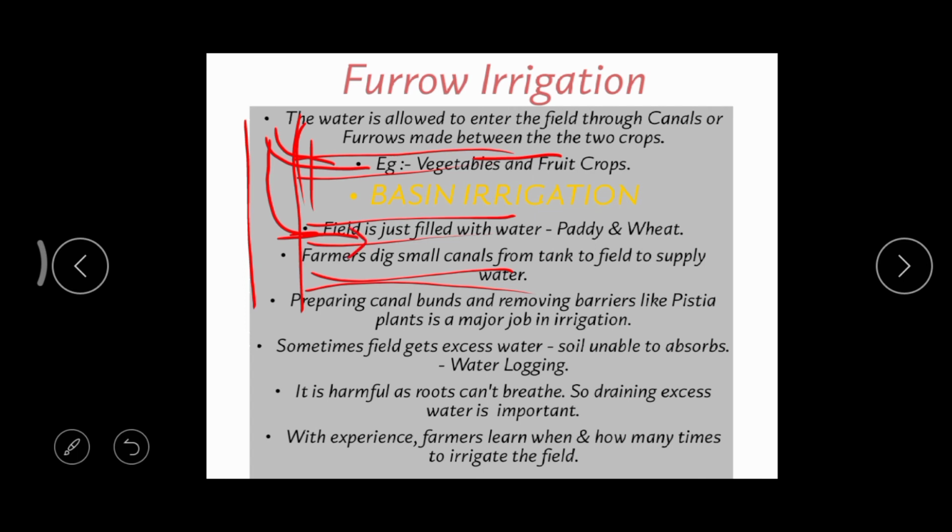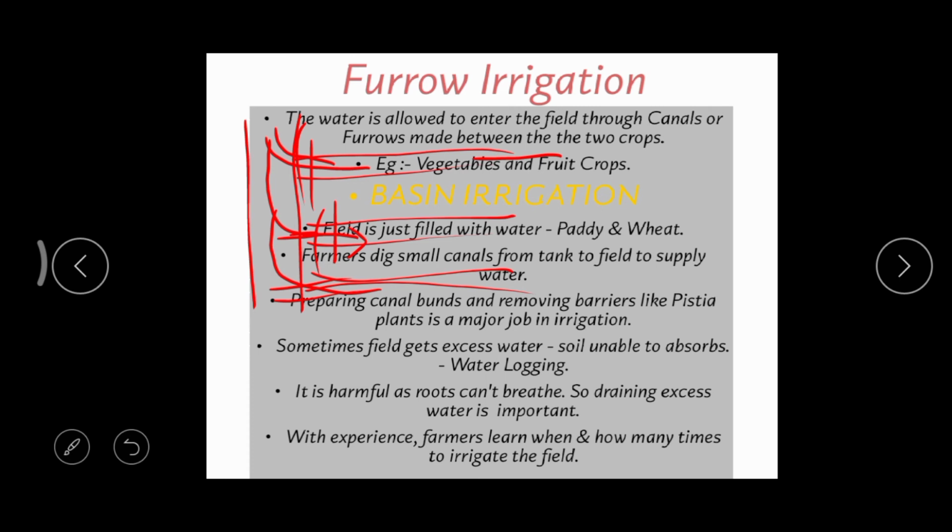After filling this furrow, they close it and open the next furrow, so the water moves into this furrow. Clear? This is called furrow irrigation, correct?